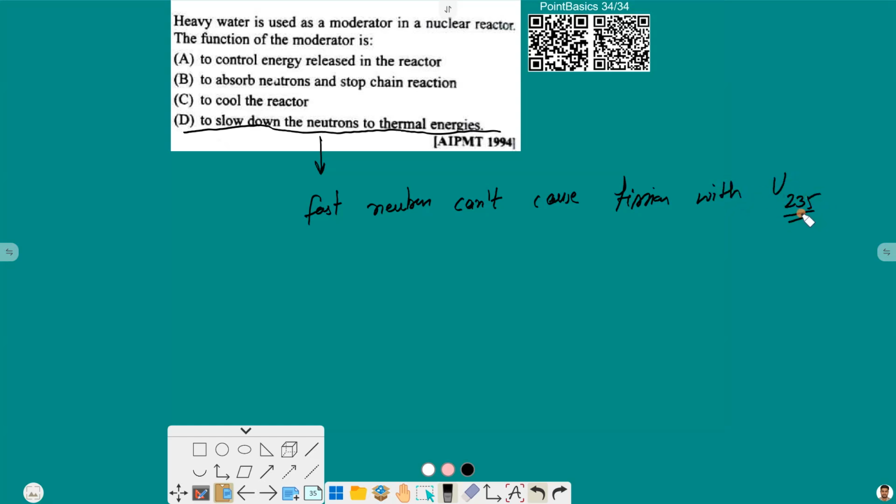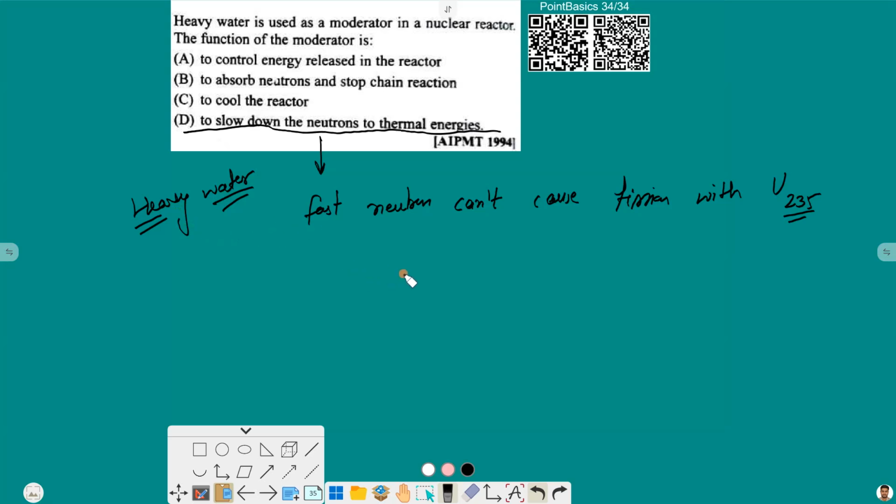That's why we need slow neutrons, and to slow those neutrons we need heavy water. And why only heavy water? Why can we not use some other liquid like sodium? Even sodium is used, but mostly heavy water is used.